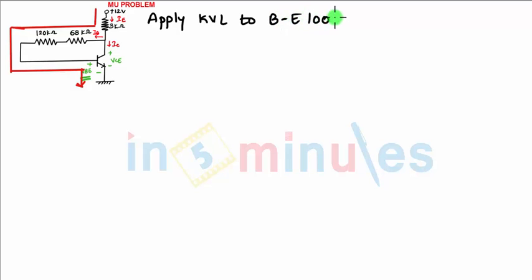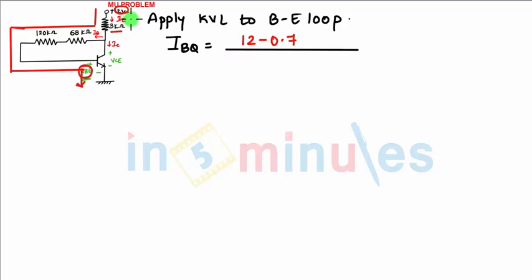When applying KVL to the base emitter loop, the equation you can write directly is IBQ equals total voltage sources in the numerator and total resistance in the denominator. For voltage sources, you have 12 volts here and VBE here. The total voltage 12 volts will be with a positive sign and VBE is 0.7, so 12 minus 0.7, divided by total resistance.